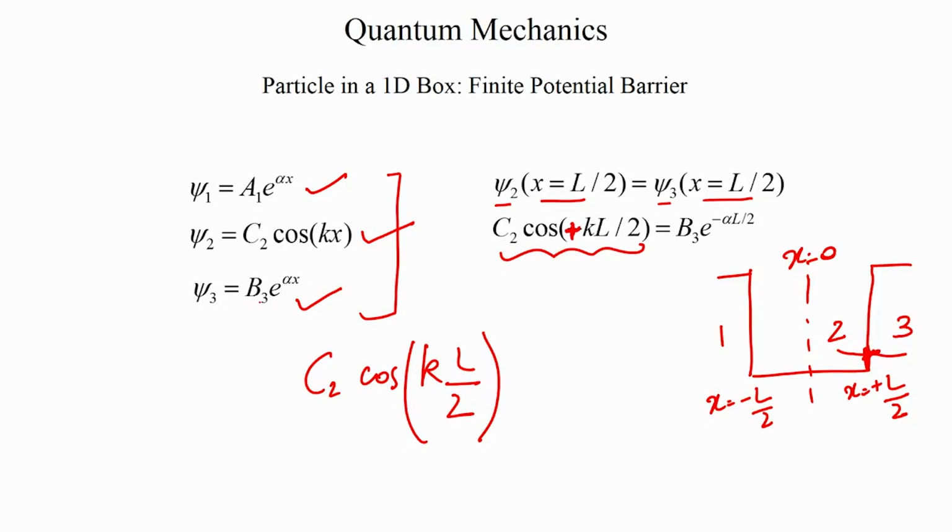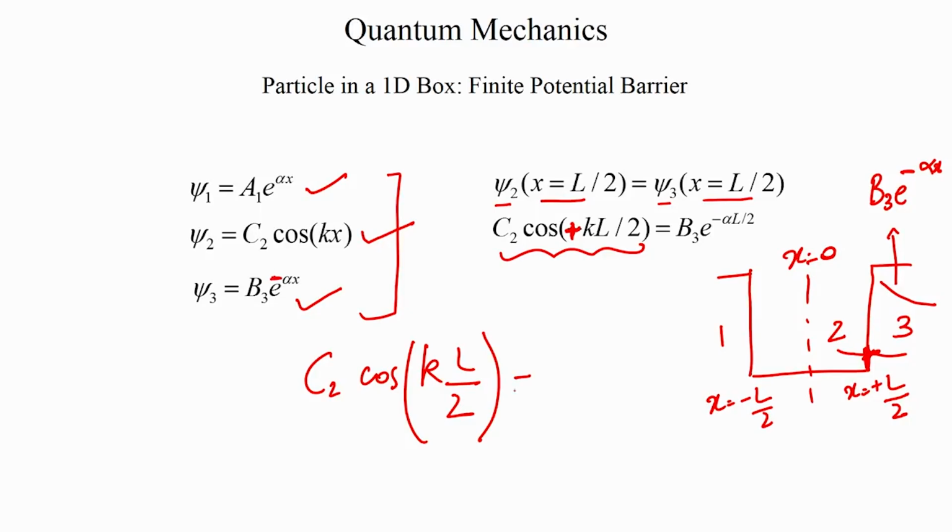Psi 3 is given by b3 e to the power minus alpha x. Okay, so we saw that only the decaying term is allowed here, so it was b3 e to the power minus alpha x. That is my psi 3, and once again there is a typo here, there should be a minus sign.